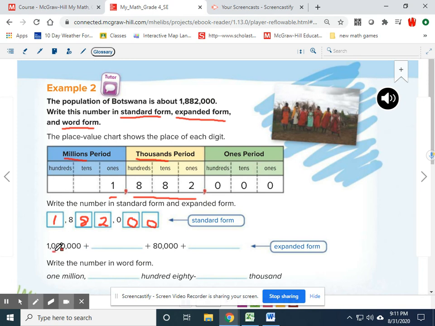So I'm going to add 6 zeros. My very next digit is an 8. I'm going to put my 8 in there. How many zeros go after that 8? Well, there's 1, 2, 3, 4, 5. So I'm going to add 5 zeros in there.